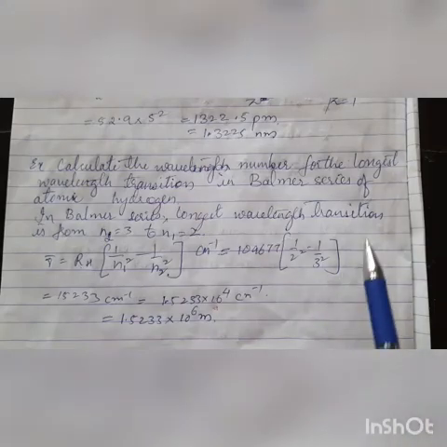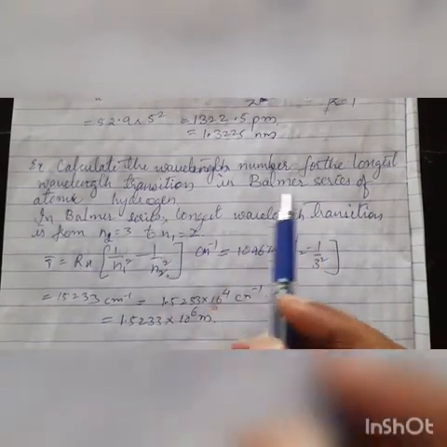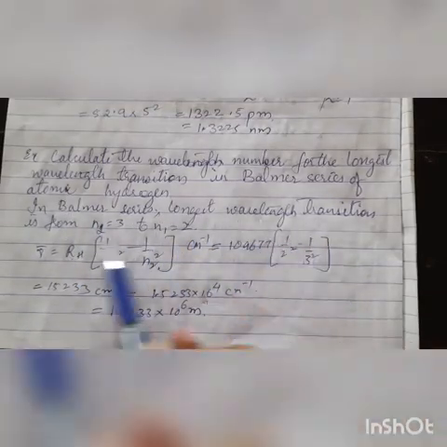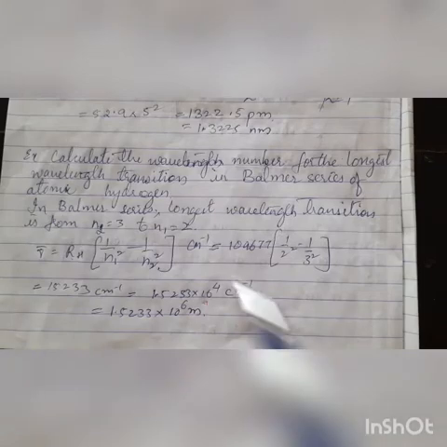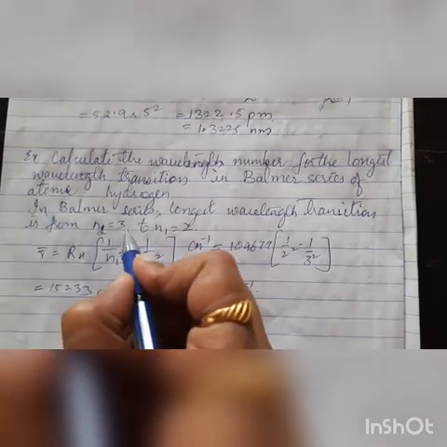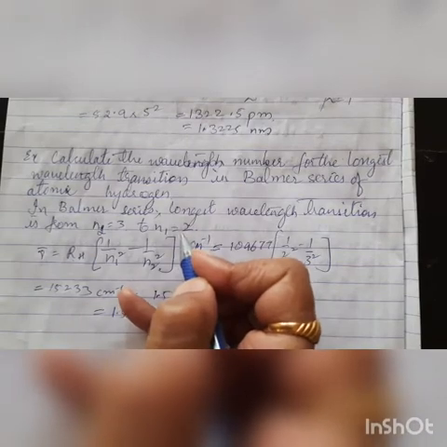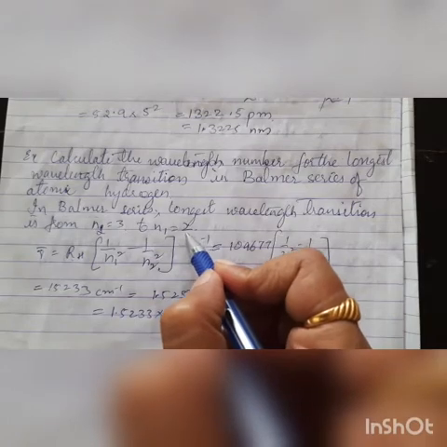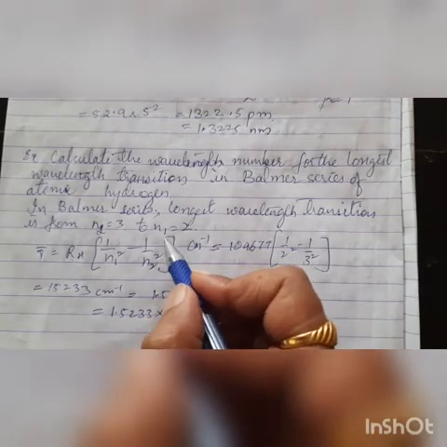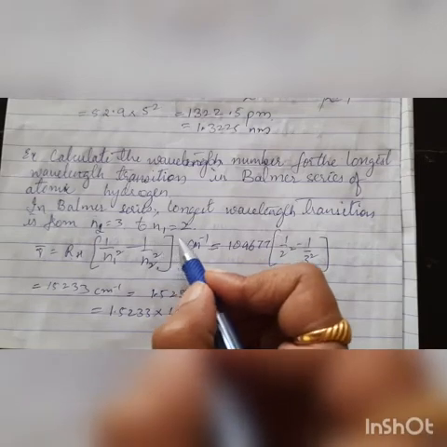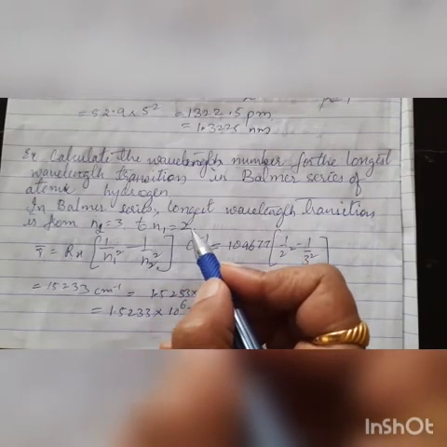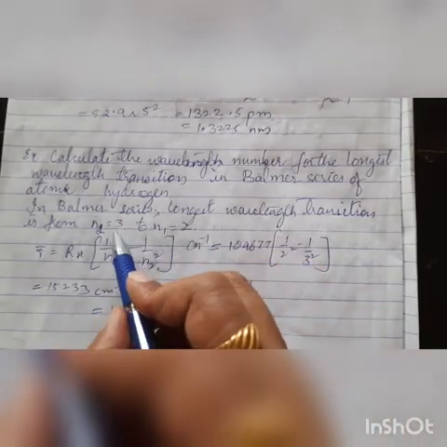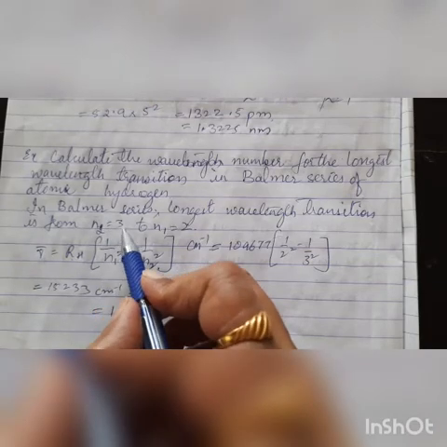In the Balmer series, the longest wavelength transition is when n2 is equal to 3 and n1 is equal to 2. You know that for the Balmer series n1 is necessarily 2. So when the lower state is n1 equal to 2, the higher energy state can be 3, 4, 5, 6 and so on. So the longest wavelength will correspond to n2 equal to 3.